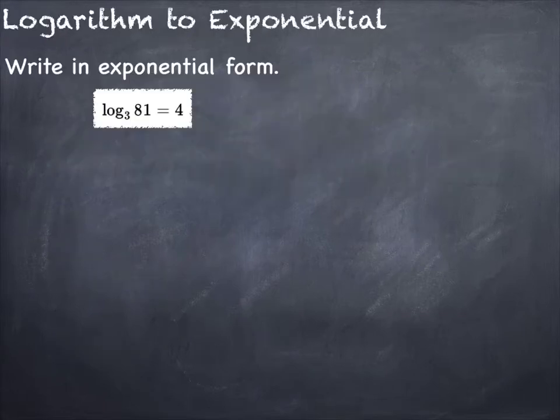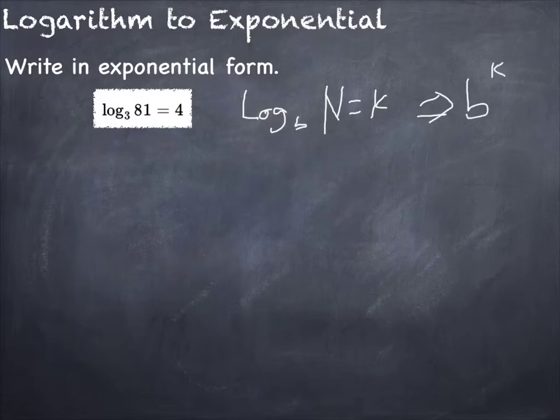Here we have log base 3 of 81 equals 4. So what we have here is log with some base b of some number n equals k. And when we're switching it using that rule of the definition of logarithms, that turns into b to the k power equals n.